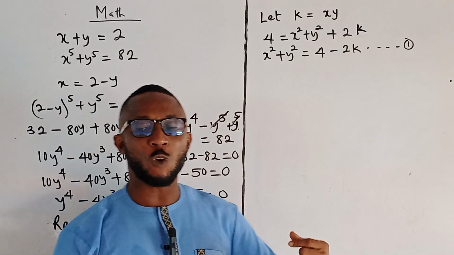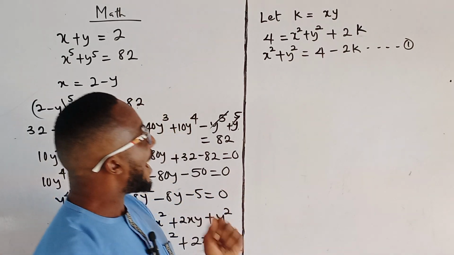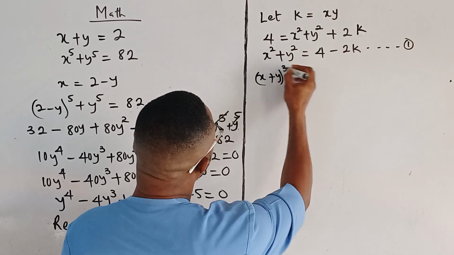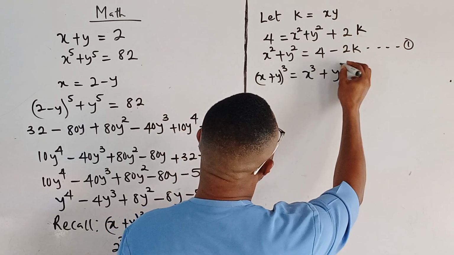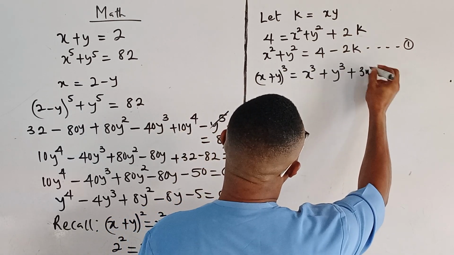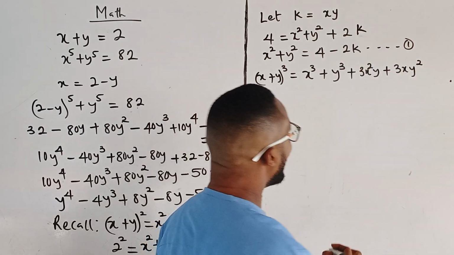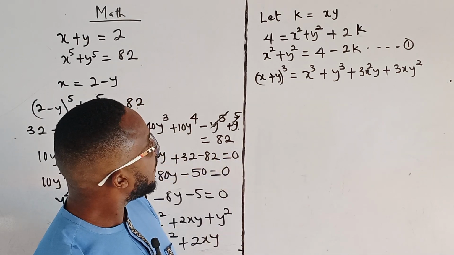After the square of a sum, I will also use the cube of a sum. I know that (x plus y) all cubed gives me x cubed plus y cubed plus 3x squared y plus 3xy squared. I have solved problems involving this. It's very easy to master.